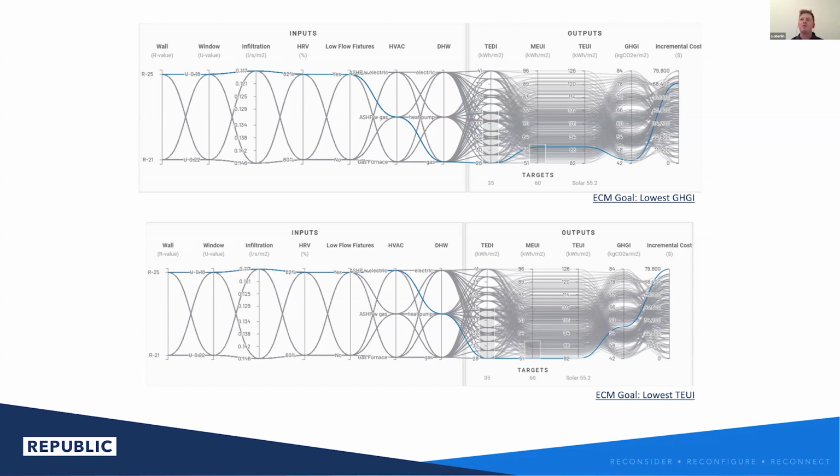And what I think probably surprised the design team the most is that it was telling us that an air source heat pump with a high efficiency gas furnace as a backup or auxiliary heat source was going to provide us with the lowest greenhouse gas impact on this project, including the operational carbon to operate this building.